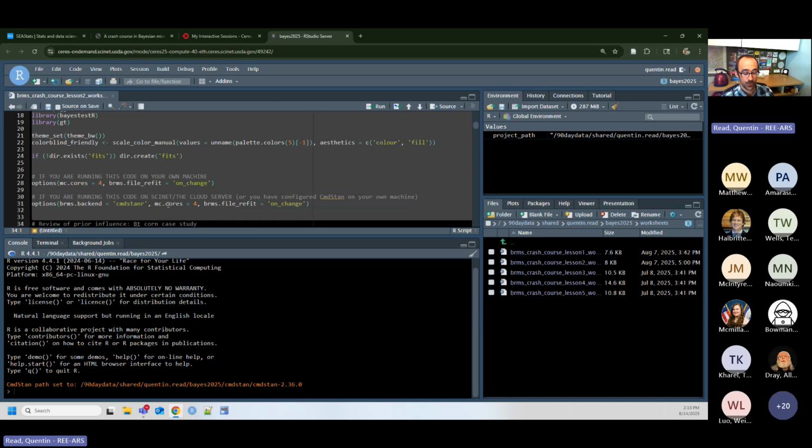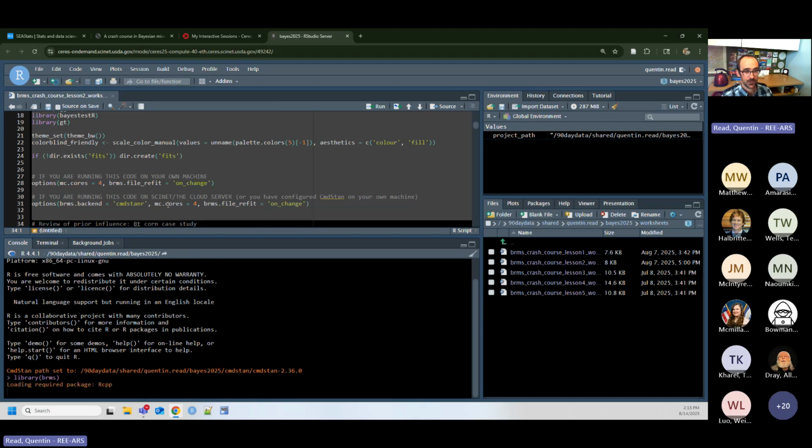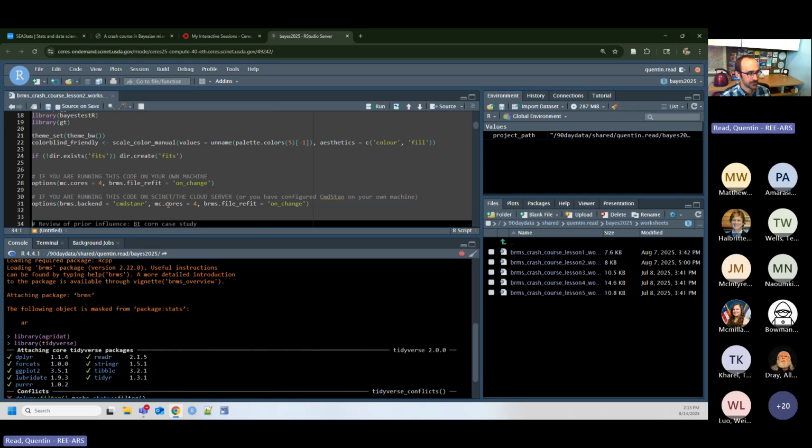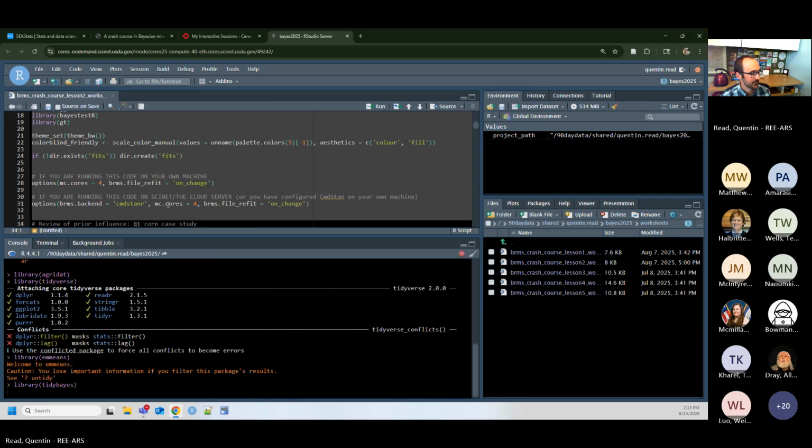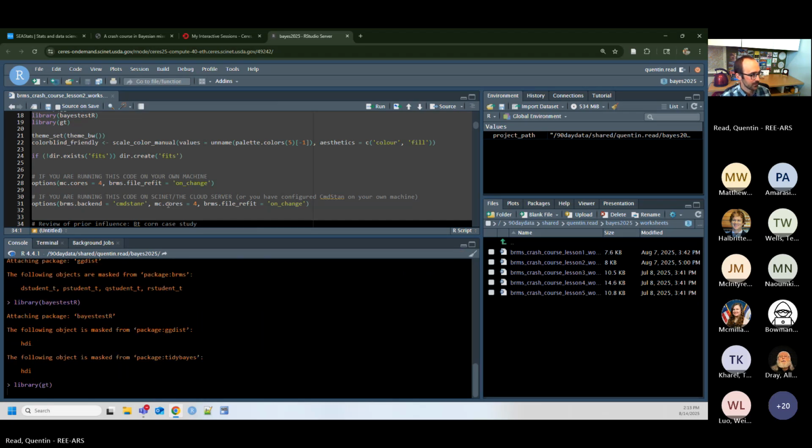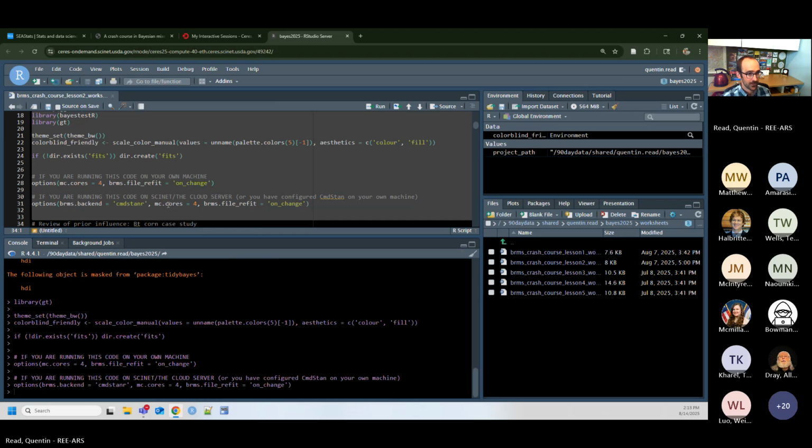And then I'm going to hit Control Enter to execute that code, which will load all the packages that we need and set the model fitting options. Okay, so we're good there, right? If anyone is unable to do that or gets a weird message, please let me know.